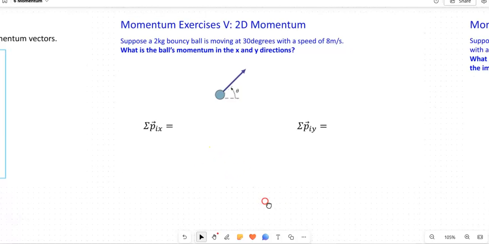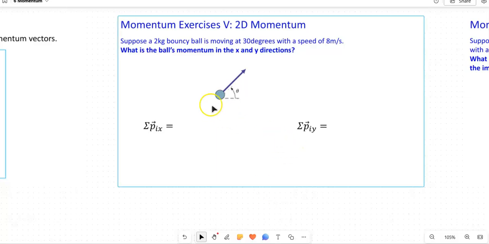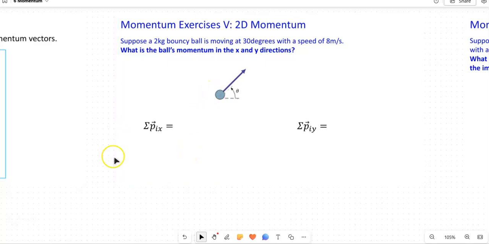So in this exercise, and this is a basic part, you have a ball that is moving at 8 meters per second, is 2 kilograms, and is moving at an angle of 30 degrees. What is the ball's momentum in the x and y direction, and what is its overall momentum?